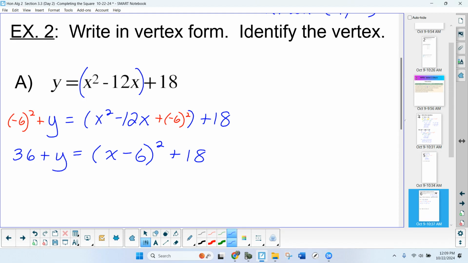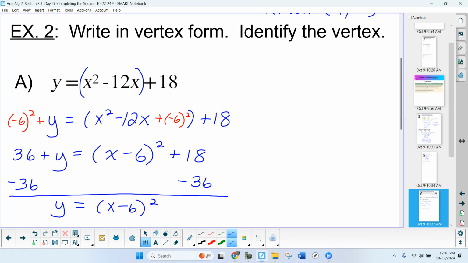I needed to say y equals. So what do you do to make it say y equals? Subtract 36. Now I'm going to put the 36 over here. And when I do, I get y equals x minus 6 squared. And then what would this give me when I take 18 minus 36? Minus 18. This is vertex form.